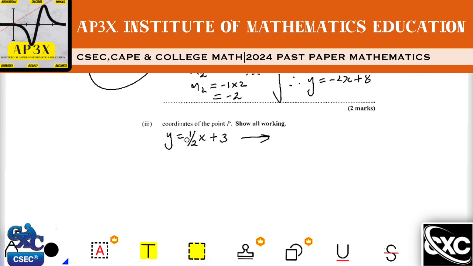If I multiply this by 2, I'm going to get 2y. If I multiply this here by 2, the 2 is going to cancel, so I'm going to end up with x. And if I multiply here by 2, I'm going to end up with 6. Kind of want to get rid of that half here. So if I organize this a bit better, I'm going to end up with x take away 2y, so I'm going to carry over the 2y here, and then I'm going to carry over the 6 over here.